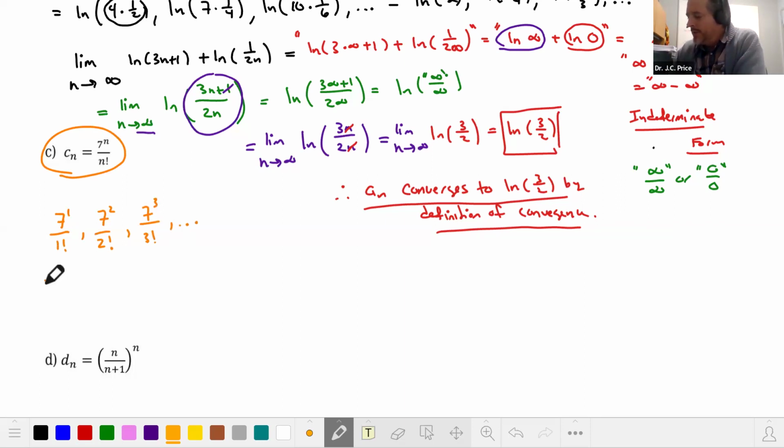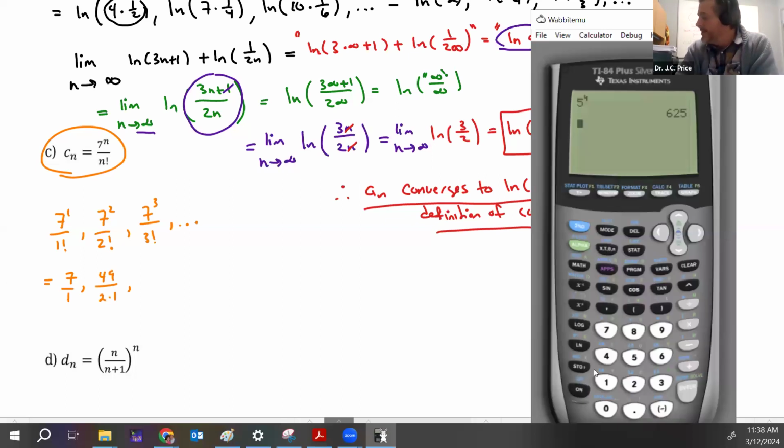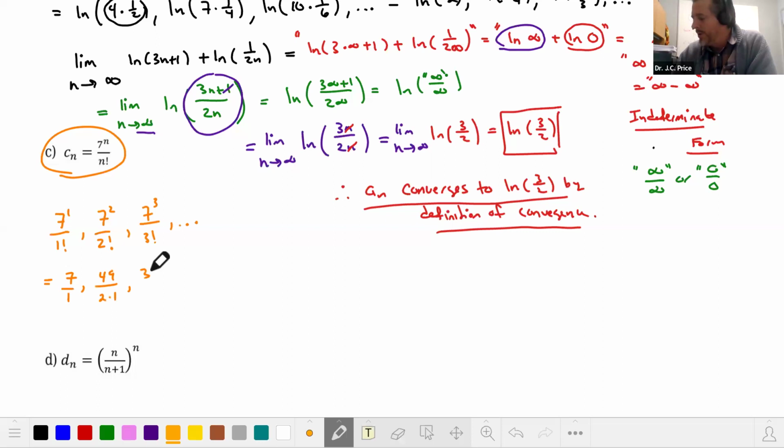And of course, that'll be equal to 7, because 1 factorial is just 1, and then comma, 7 squared is 49, and 2 factorial is 2 times 1. And then 7 cubed, honestly, guys, I have no idea what 7 cubed is, so I probably would just use my calculator. So 7 raised to the 3. You could do it by hand because you take 7 times 49 if you really wanted to, but it's 343.